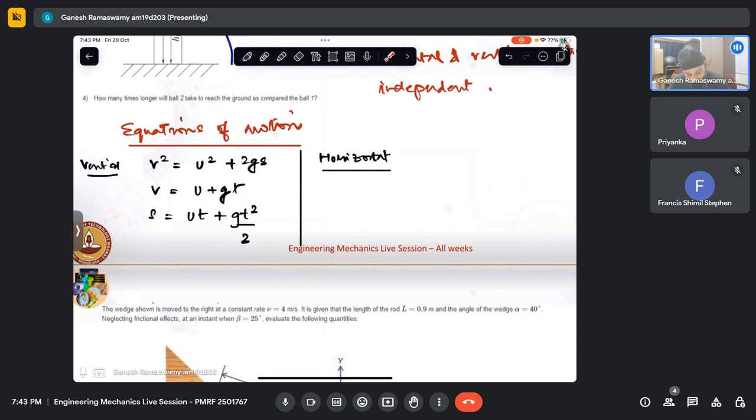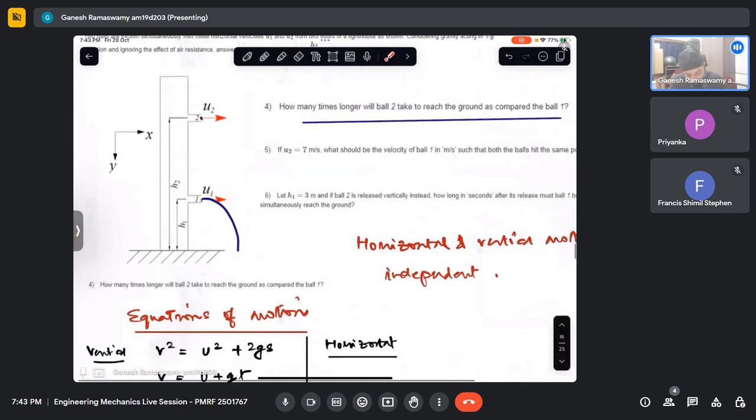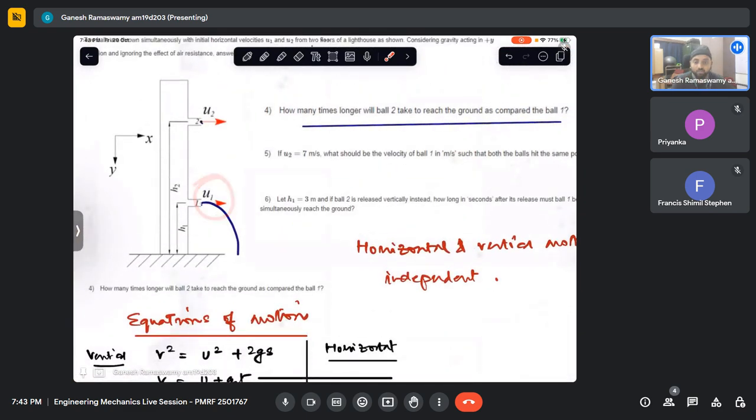Since the acceleration is 0, there is no change in the velocity essentially. Final is equal to initial, which remains constant, which means that once this is shot with a horizontal velocity u1, for the entire trajectory its horizontal velocity is invariably u1.